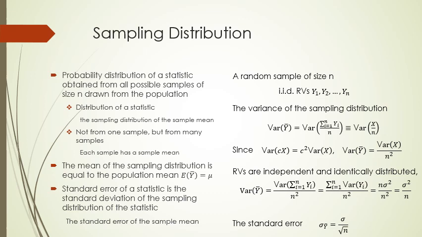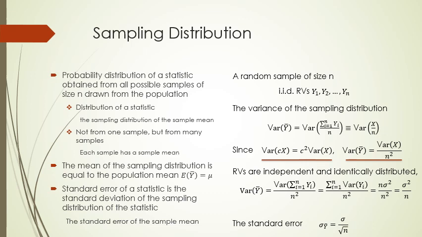The variance of the sampling distribution of the sample mean is the variance of y bar. Here, x is defined as the sample sum. Using the variance properties we learned in lecture 2, the variance of the sampling distribution is this.